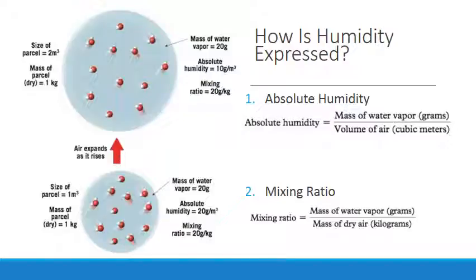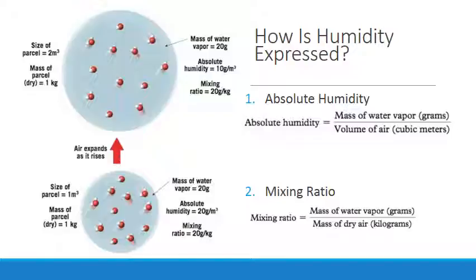Because the mixing ratio has only units of mass in both the numerator, the upstairs number, and the denominator, the downstairs number, it doesn't have any dimensions. It is in fact a dimensionless number because the upstairs mass and the downstairs mass cancel each other out. Because it's measured only in units of mass, the mixing ratio isn't affected by changes in pressure or temperature.